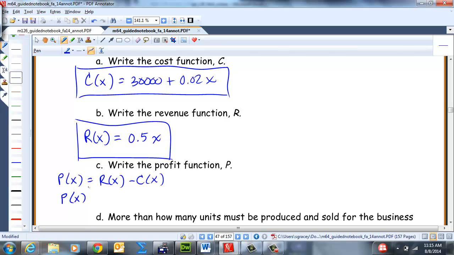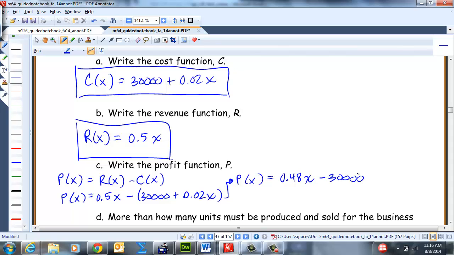So the profit function will be 0.5 times X minus quantity 30,000 plus 0.02 times X. So the profit function in X will be equal to, so 0.5x minus 0.02x is going to be 0.48x minus 30,000. So that is our profit function.